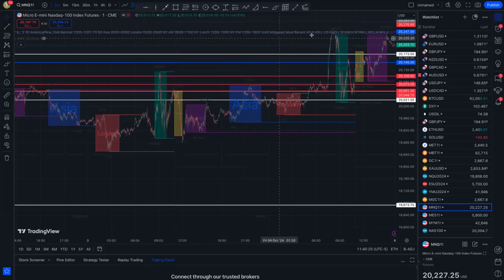Let me pull up TradingView for you guys, and then I can share my screen. I think this is it right there, right? Sweet. You all see my screen? Thumbs up. Let's get some thumbs. Thanks.